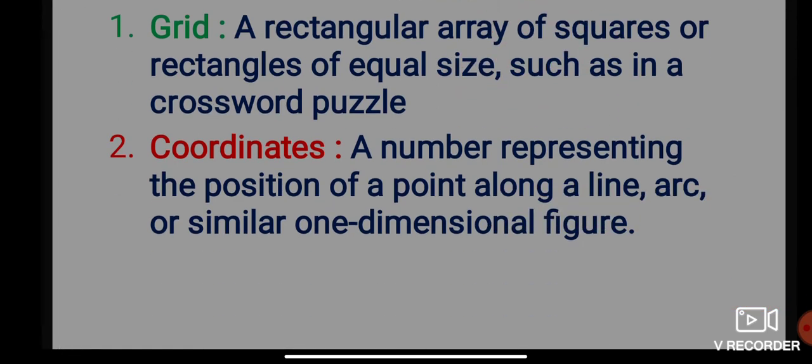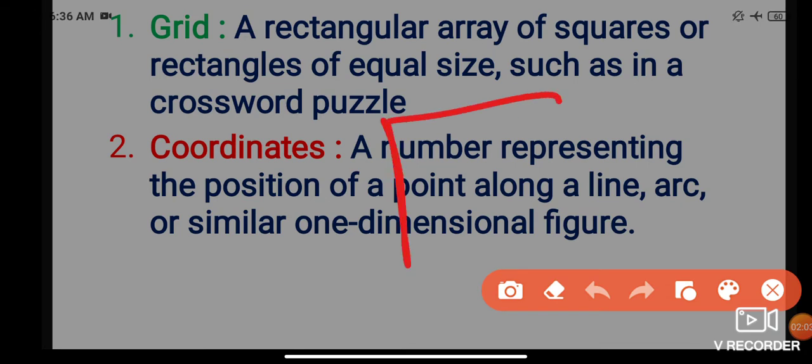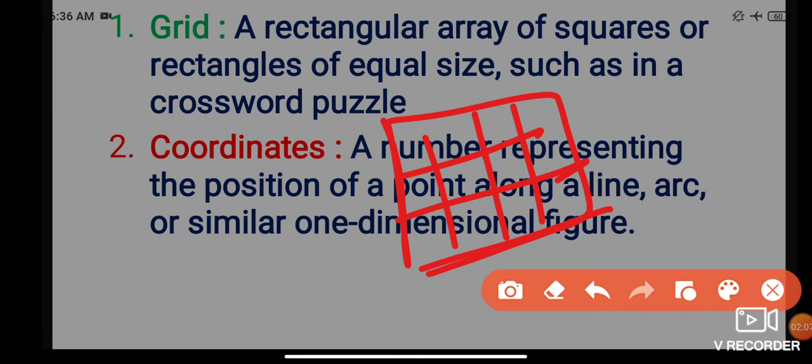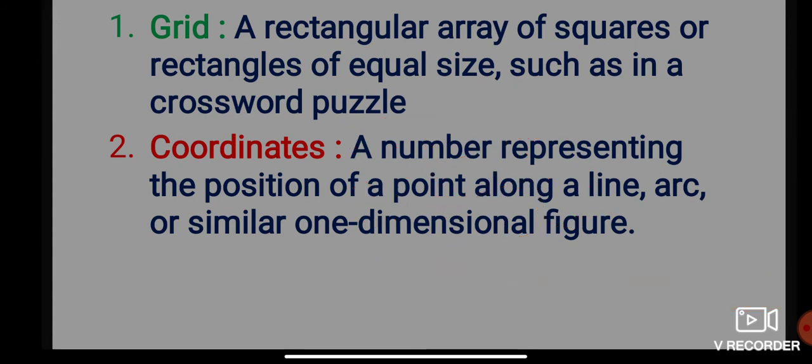A number representing the position of a point along a line, arc or similar one-dimensional figure. Suppose this is a grid, and coordinates are numbers like 1, 2, 3 or 23 degree, 24, 25 like that. So coordinates are the numbers representing the position of a point along a line.